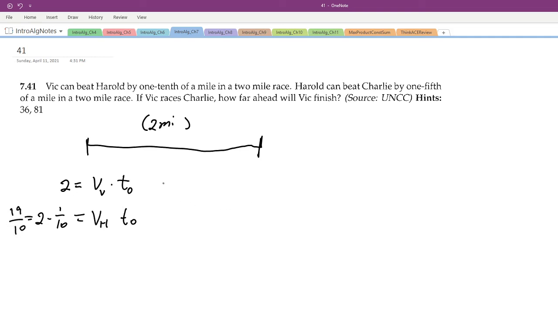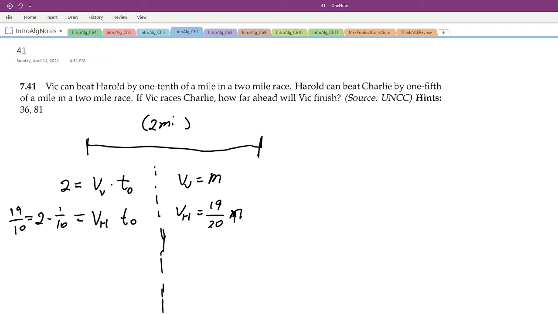Okay, now let's parameterize it. So let's say the speed of V is m. Then the speed of Harold is 19 over 20 m, right? Because Harold travels slower.